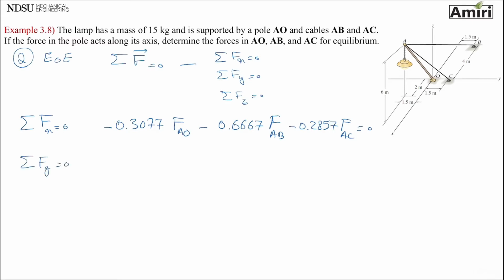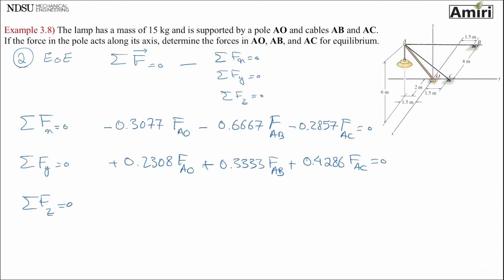Summation of forces in y direction being 0. .2308 FAO, .3333 FAB, .4286 FAC equals 0. Summation of forces in z direction being 0. .9231 FAO minus .6667 FAB minus .8571 FAC equals 0.